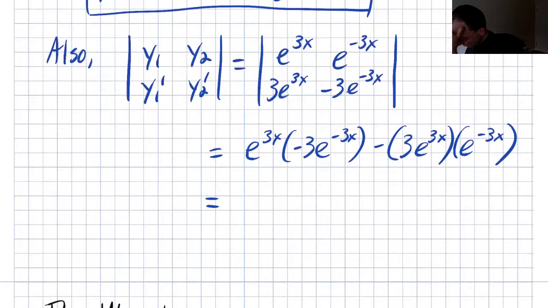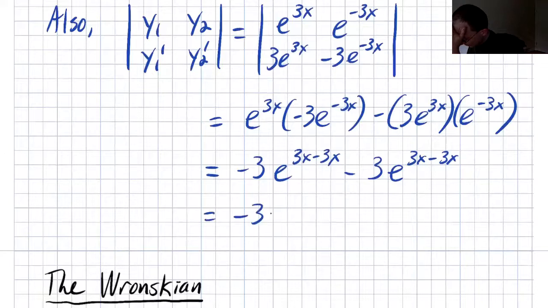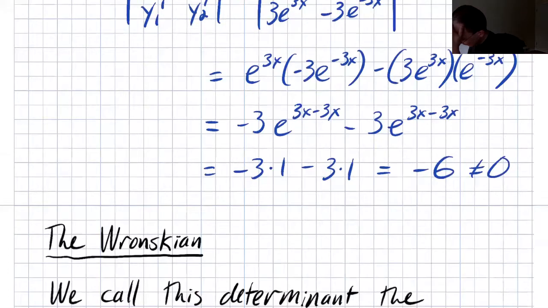So when you multiply these terms together, you're going to add the exponents. So we get 3x plus negative 3x, and that will give us 0. So let's write this out. So we have negative 3e to the 3x minus 3x, and then we have another negative 3e to the 3x minus 3x. And that's just going to be negative 3 times 1 minus 3 times 1, and we get negative 6. So actually it's always equal to negative 6, and it is never 0.